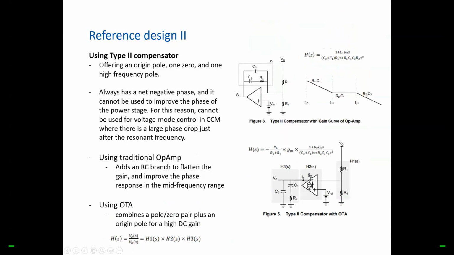Next is our type 2 compensator. Compared to the type 1 compensator, we are adding one more capacitor and resistor. For the traditional op-amp, we add the extra capacitor and resistor into the feedback loop.